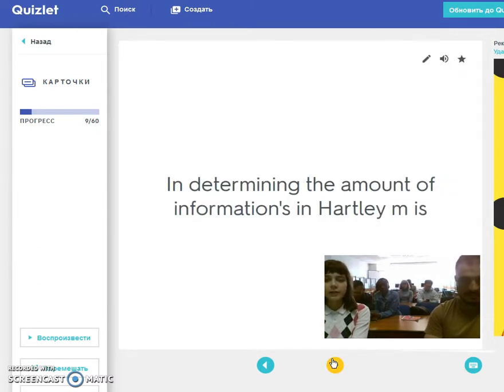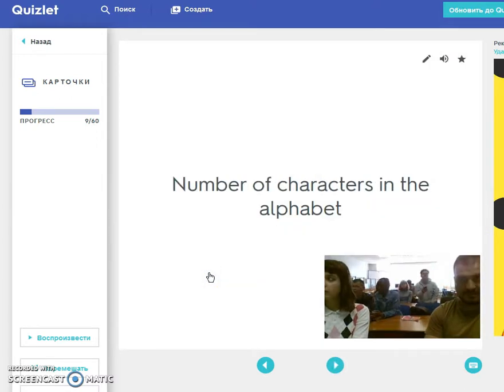In determining the amount of information in Hartley, m is the number of characters in the alphabet.